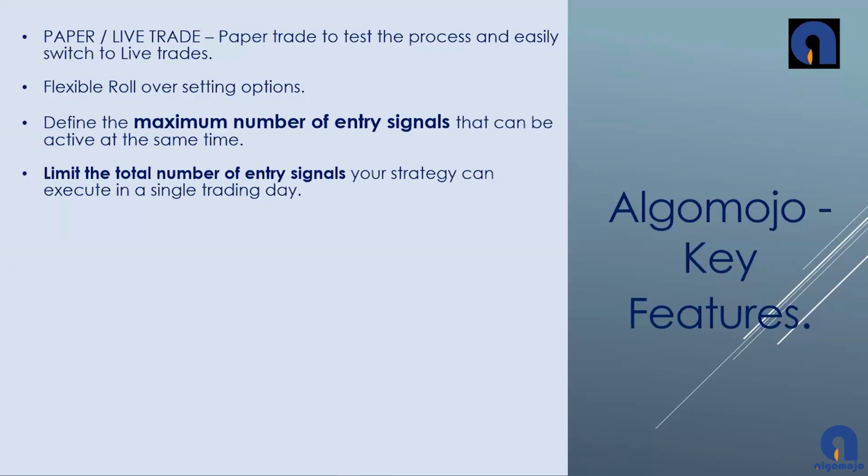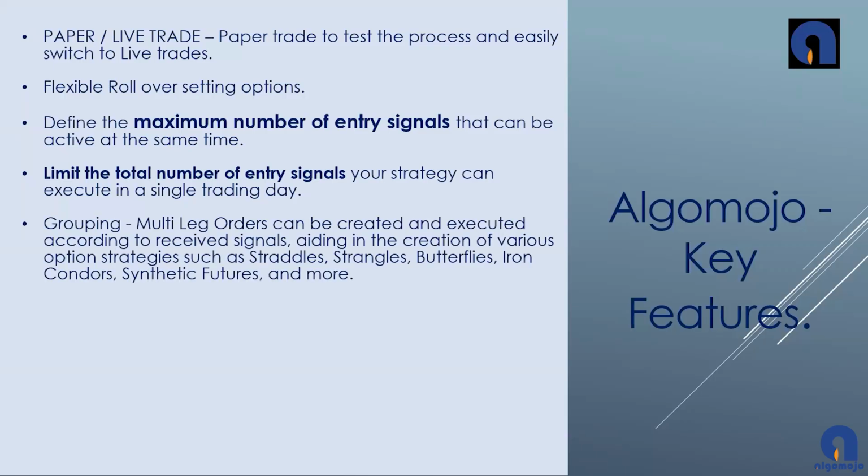So to avoid those kind of signals which get generated repeatedly due to issues in the coding itself, if you use this facility of limiting the number of entry signals, then it will take the first signal only if you want one buy to be executed, and the subsequent buy, if it comes by mistake or by design multiple times, can be limited as such. So such kind of facilities are inbuilt to help the traders and investors in the platform.